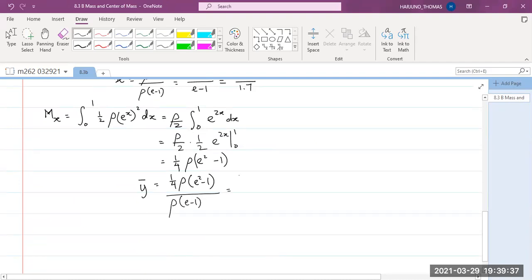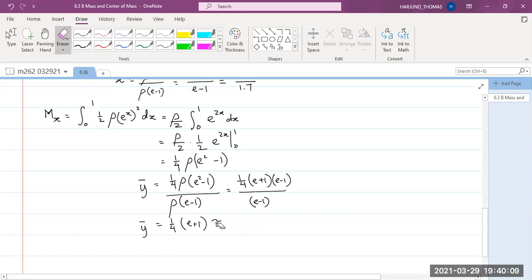The rho cancels, but on the top we get (e plus 1)(e minus 1) over (e minus 1). So the y bar will be 1/4 of (e plus 1). That's approximately 3.7 over 4. That's still less than 1, as we expected earlier.